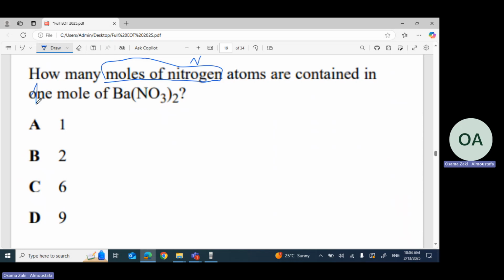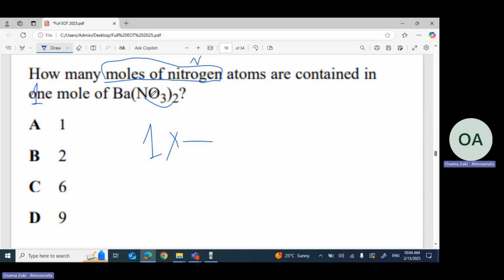In 1 mole of BaNO3. So we have 1 mole of what? Of BaNO3 multiplied by what? How many moles of N? Here we have 2, as you see here we have a subscript here. Because we say here BaNO3 by 2.